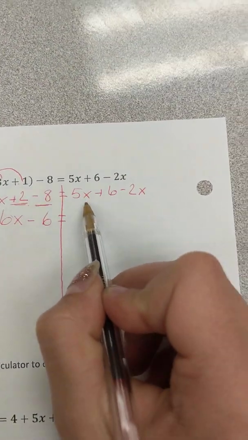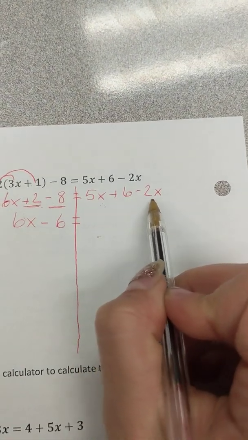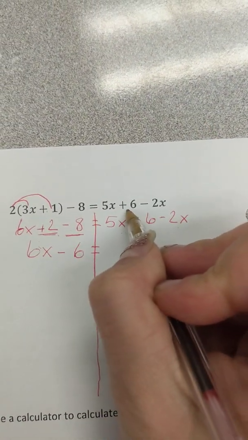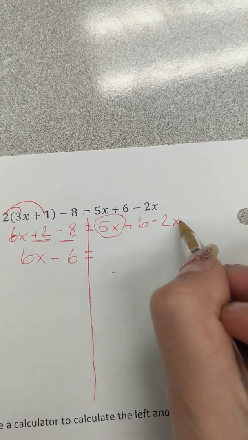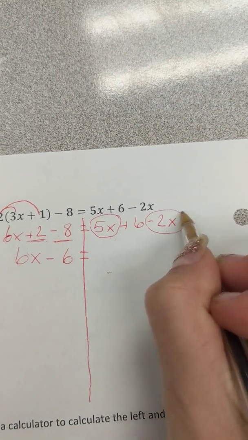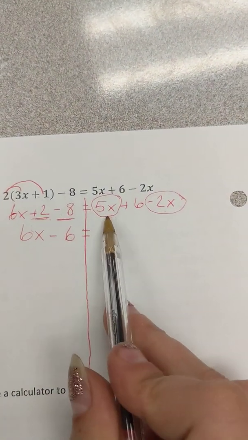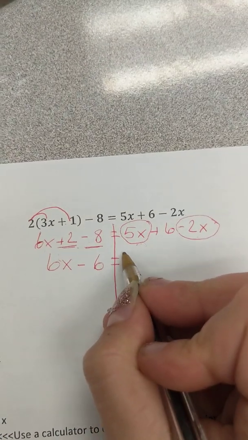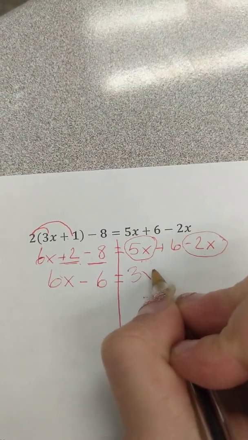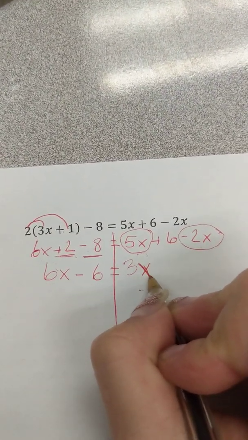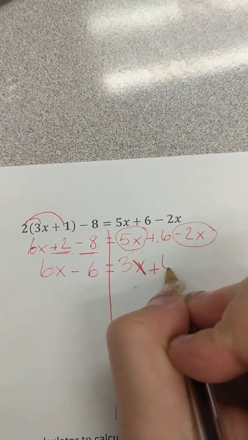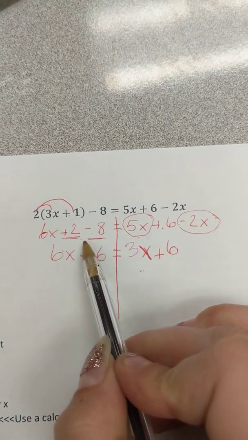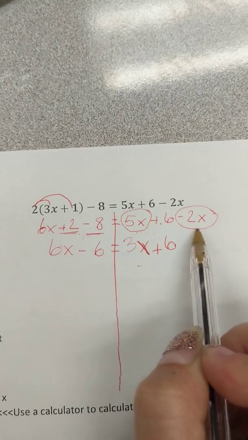Then I'm going to look on the right side. 5x plus 6 minus 2x. 5x minus 2x are like terms. So 5x minus 2x is 3x. And then my plus 6. So I distributed and then combined like terms.